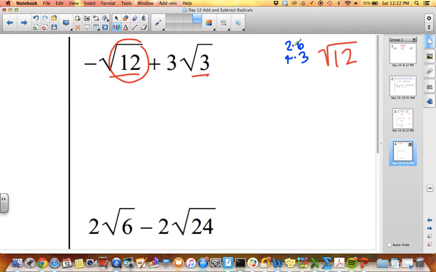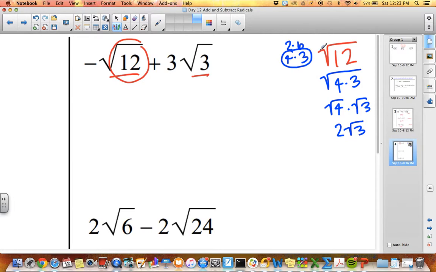Well, 2 and 6 aren't perfect squares, but 4 is, so I'm going to choose this pair. So the square root of 12 is the square root of 4 times 3. I break these apart: square root of 4 times square root of 3. The square root of 4 is 2, so I have 2 square root of 3.